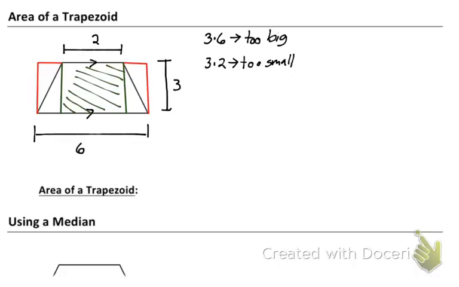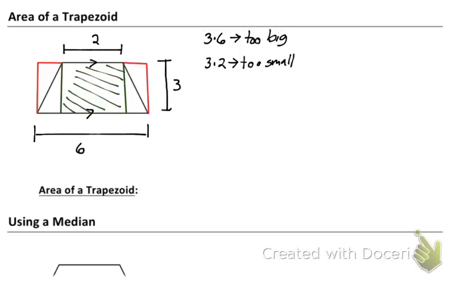But if we look carefully at these two triangles, this is actually half and half. So if you look at the one that's too big and the one that's too small, if we could just find the average of those, we would get this other half here, and it'd be the perfect size.